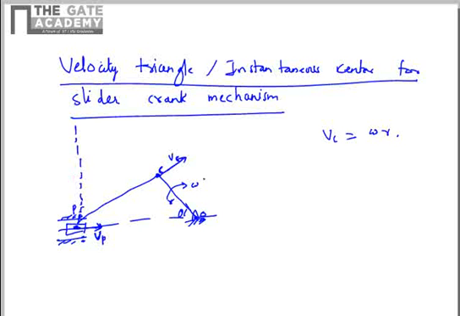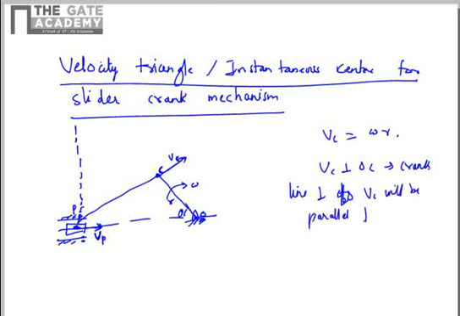And for Vc, since Vc is perpendicular to OC, that is the crank, the line perpendicular to Vc will be parallel to the crank. So we just have to extend the crank in a straight line, and we'll get an intersection point. This is I, the instantaneous center.